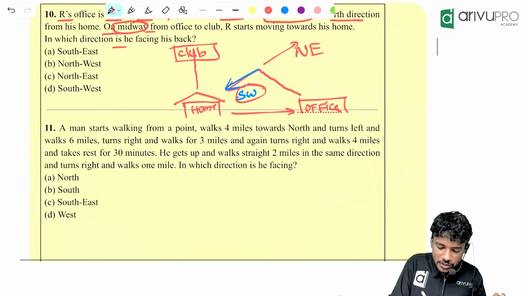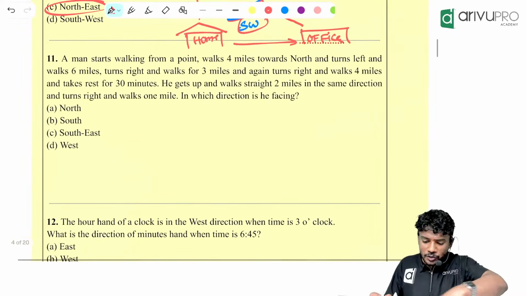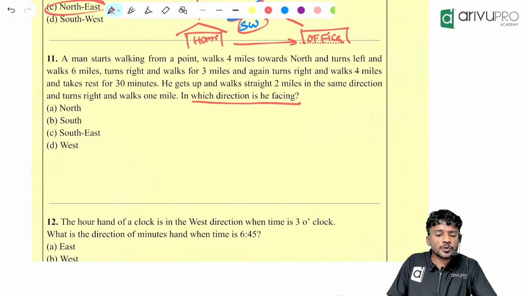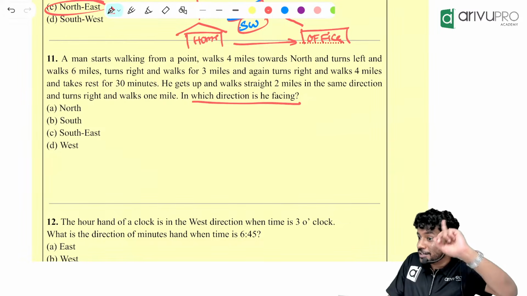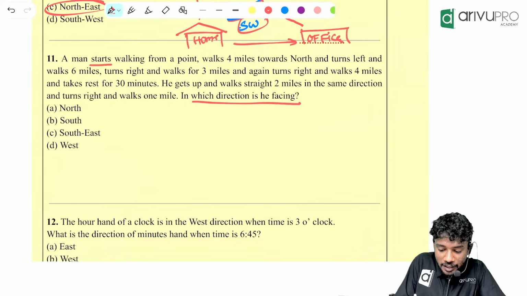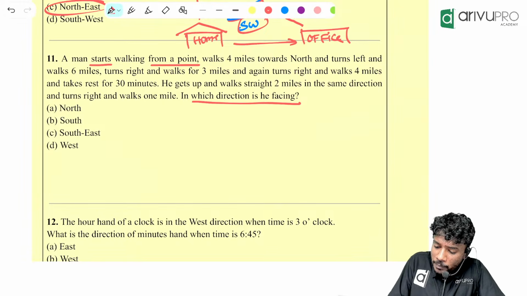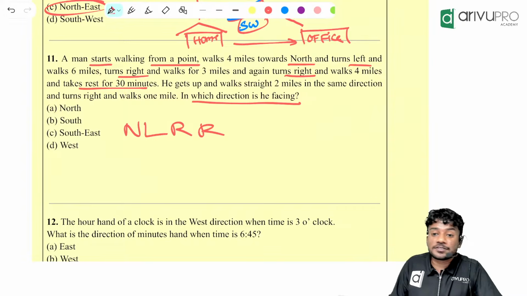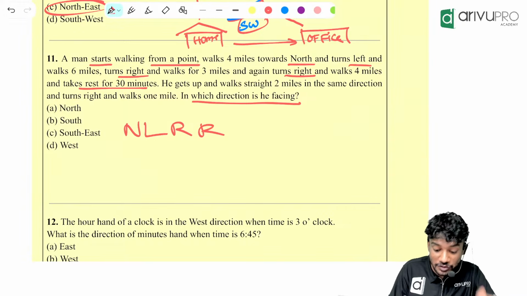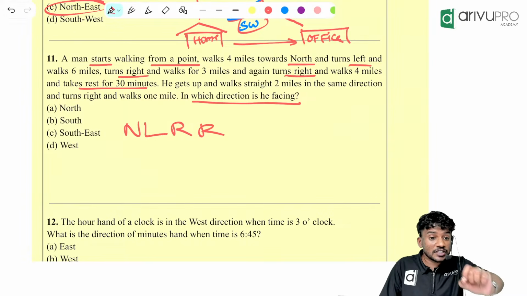Next question is, which direction is he facing? Very direct question. Accordingly, left and right, the first type of question we learned in class. A man starts walking from a point 4 miles north, then turns left, then turns right, then turns right, then rests for 30 minutes. We have solved it in class. Resting for 30 minutes, does that change the direction?